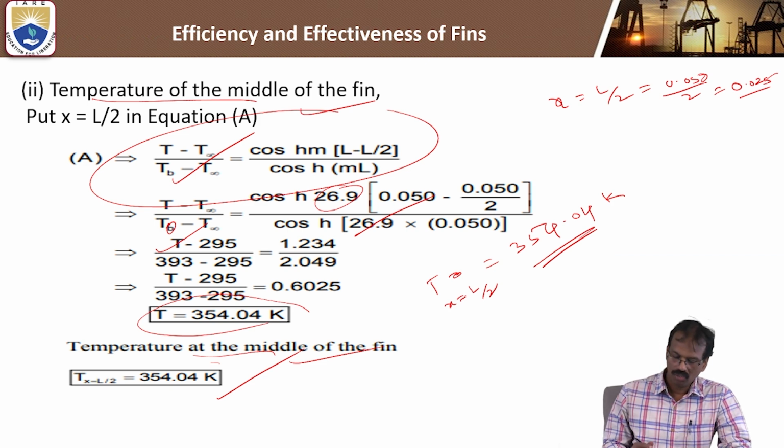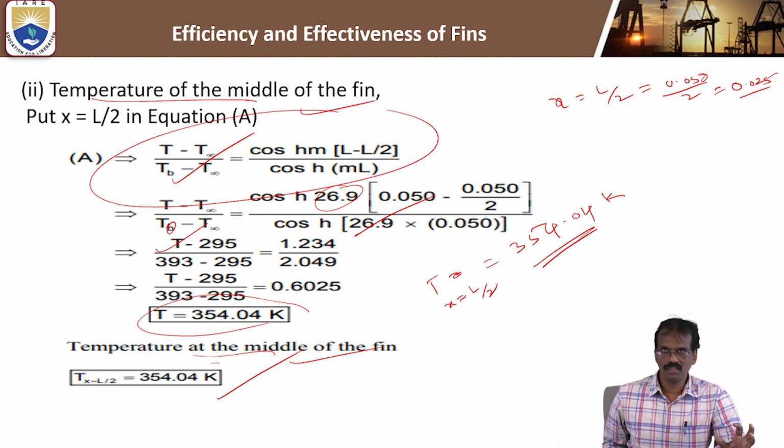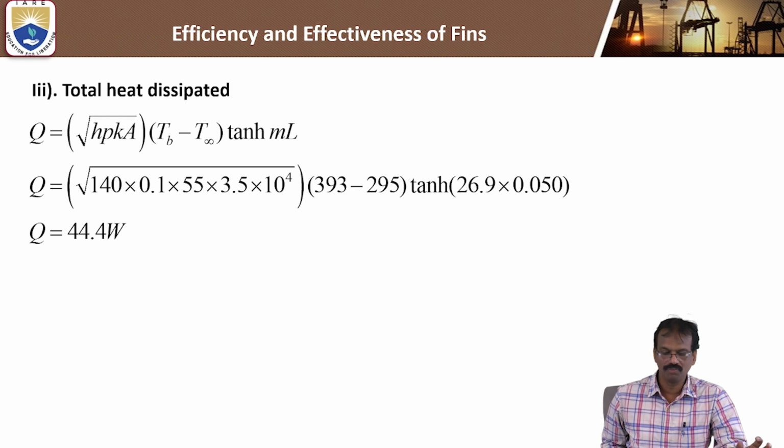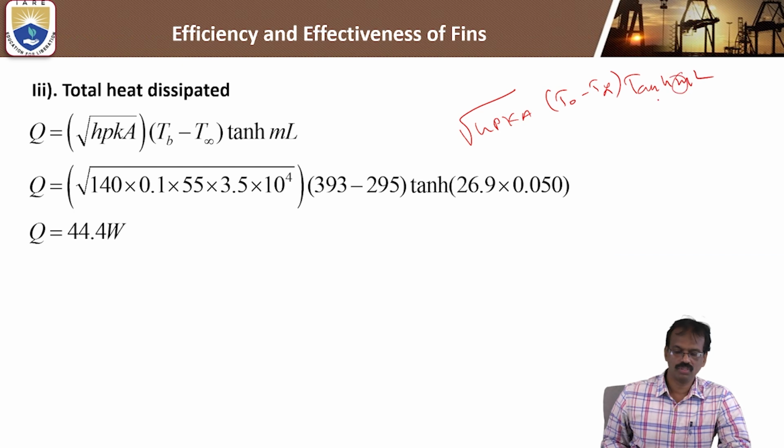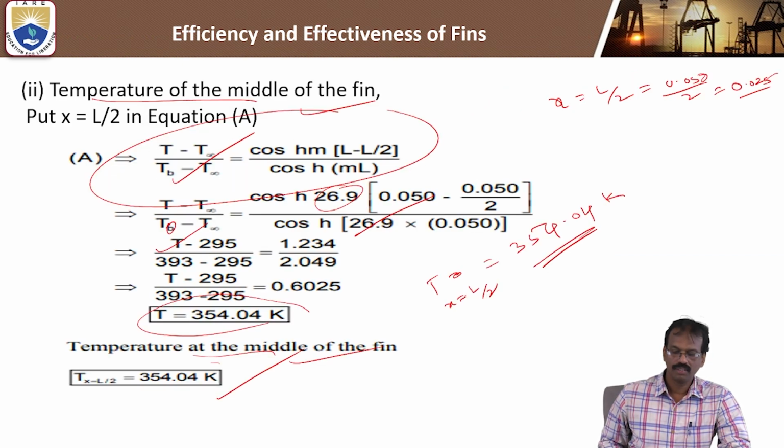Then the last point is the heat dissipated by the fin. You know the formula for this one: under root of hPkA into theta naught into tanh mL. Theta naught is T naught minus T infinity. You know the m value, 26.9.